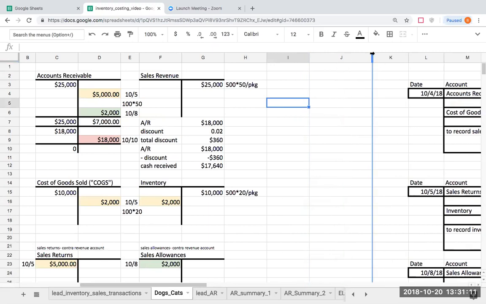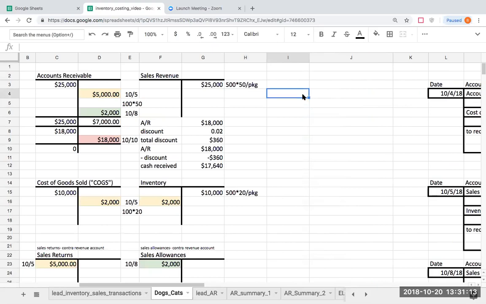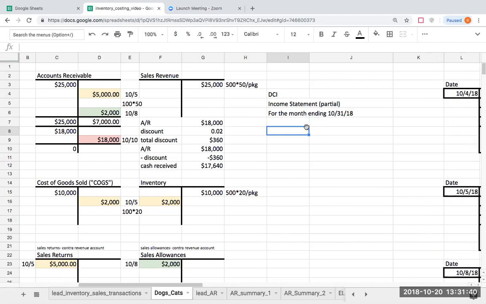Now, before, when I had DCI, and just looking at this one month, if DCI only had one transaction, what would their income statement look like?